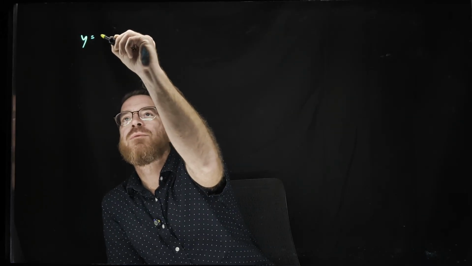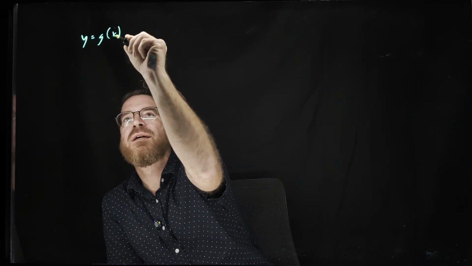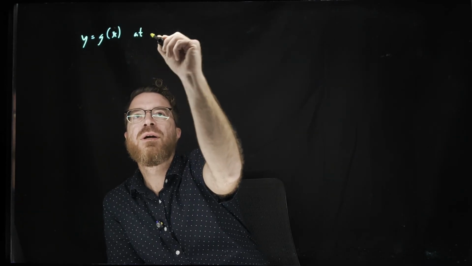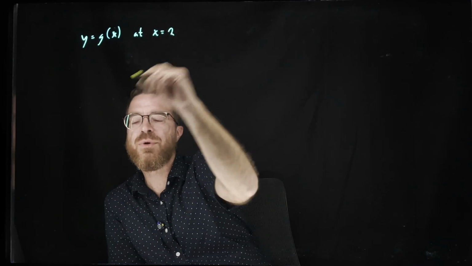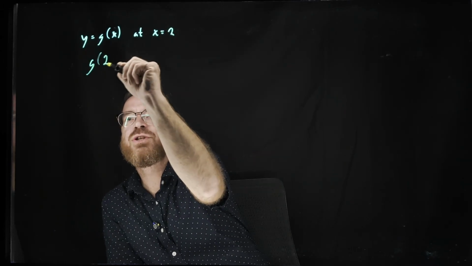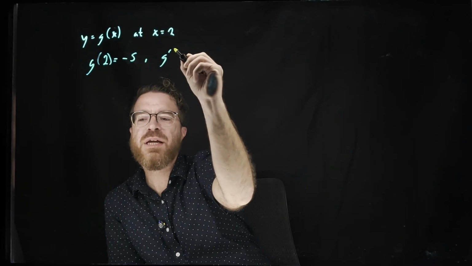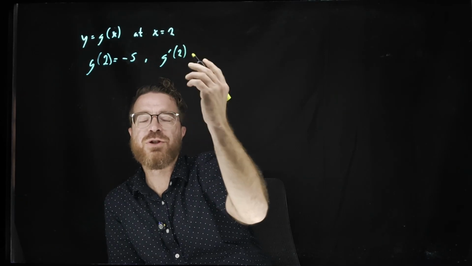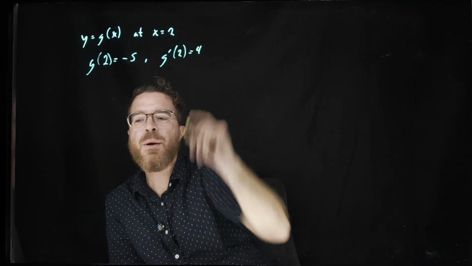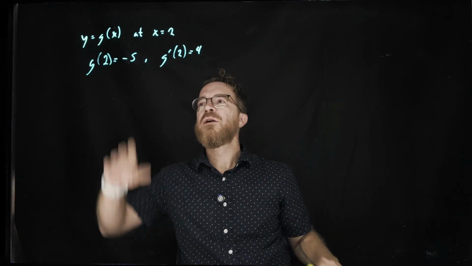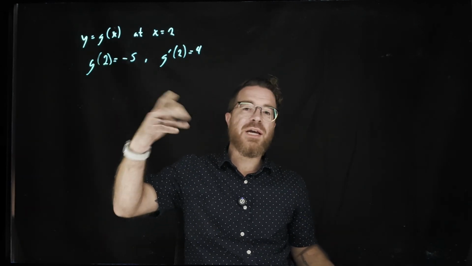For our next example, we want to find the tangent line for the graph of y equals g of x at x equals 2. So if g of 2 is equal to negative 5, and if we have a derivative g prime of 2, which is equal to 4, how can we find this line? Well, remember that g of x is really just saying the function of x.